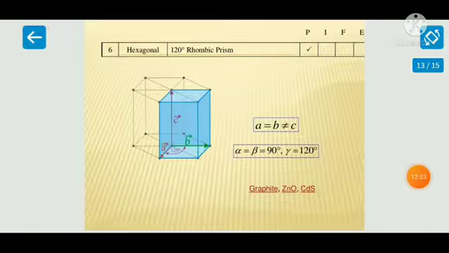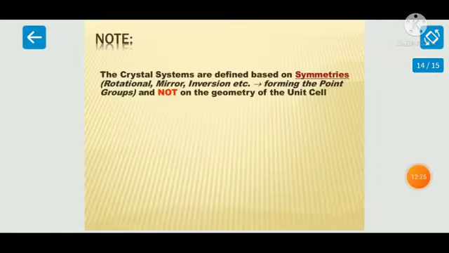See that the crystal systems are defined based on symmetries: rotational, mirror, inversion, etc. Those form the point groups, and not the geometry of the unit cell. Remember this point and note it. Bravais lattices refer to these 14 different three-dimensional configurations into which atoms can be arranged in a crystal.